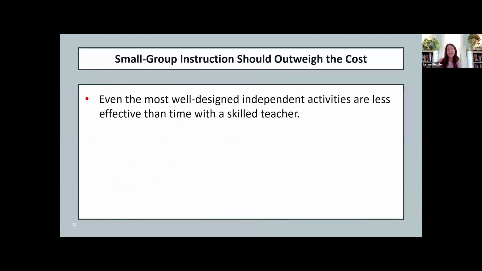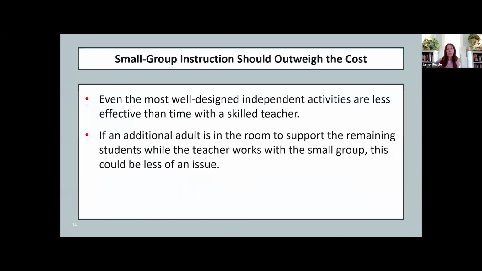time. So some of the additional costs related to small group instruction is, again, that no matter how well you have designed those stations or independent learning activities, or how much time you spend on the weekends preparing them and cutting them out, they are still not as effective as time with a teacher. So one way we can reduce that independent time is by utilizing our resources.